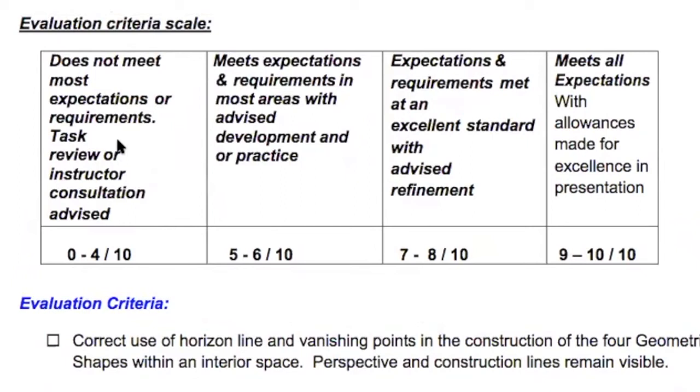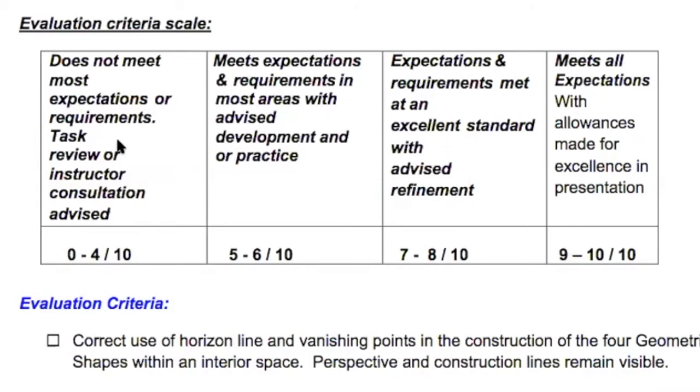If you do show that you understand the perspective and the shadow mapping, but your work is off in places, your verticals aren't straight, your size and placement is off by a great deal, then you'll have a pass, but it won't be very high.